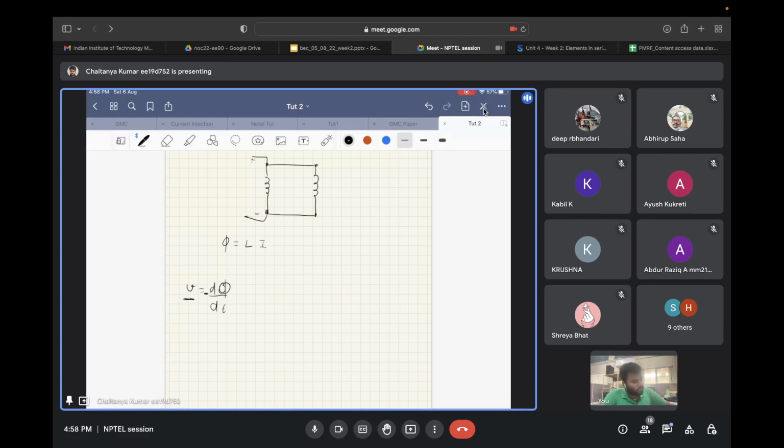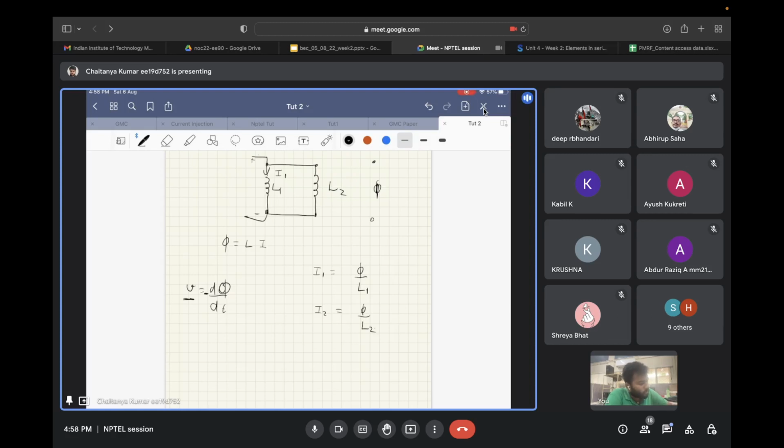So let's say this is L1 and this is L2, and the flux developed across it is phi. The current flowing through L1 will be I1, and I1 can be written as phi by L1. Similarly, I2 can be written as phi by L2.